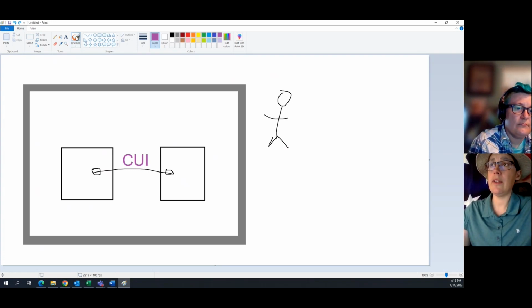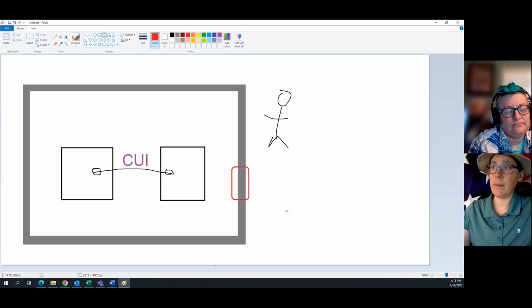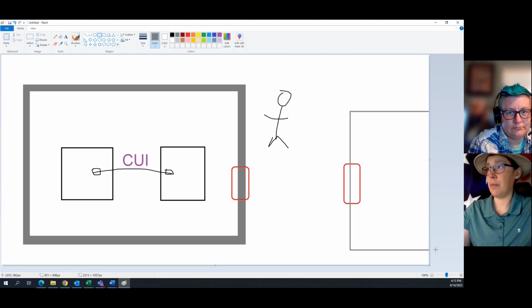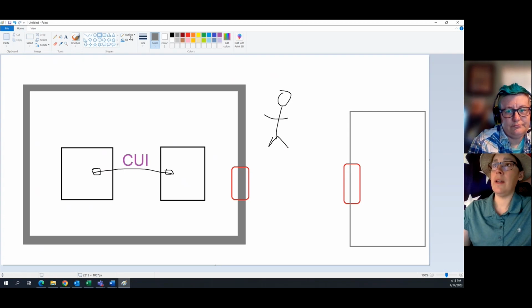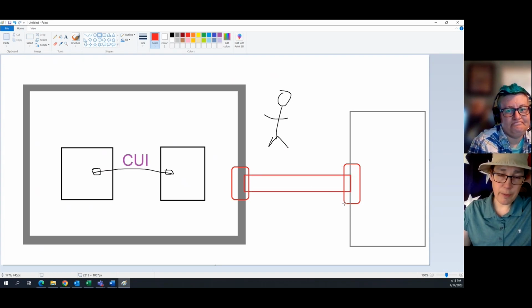And if they needed to move the CUI outside the network, they would put a really strong firewall on the boundary, and another firewall at the other building. And then between the two firewalls, there's a FIPS-validated site-to-site VPN.